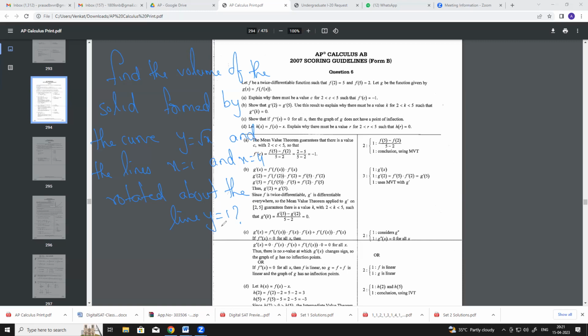Draw the figure and try to do it. If you cannot, I'll do it. I'm giving you one or two minutes. You can rotate about the x-axis, y-axis, horizontal lines and vertical lines. Both ways you can do these questions.